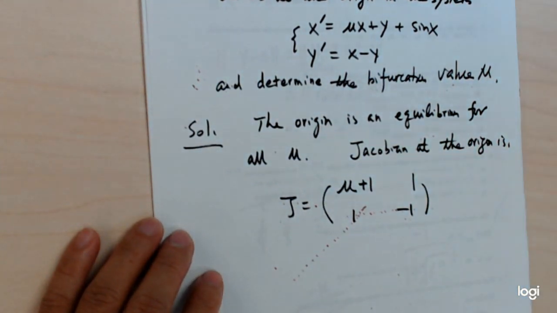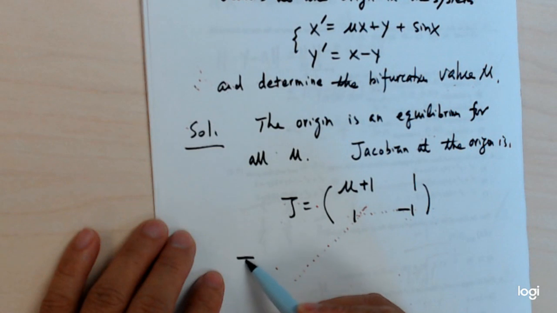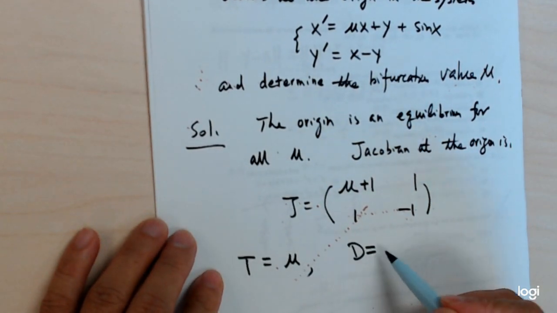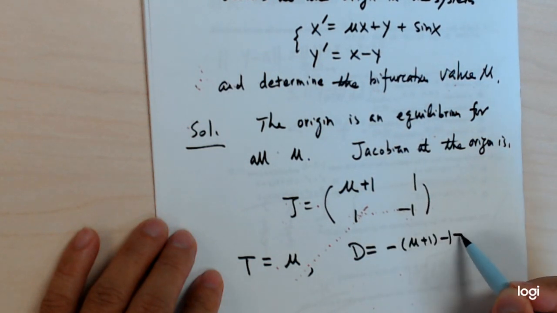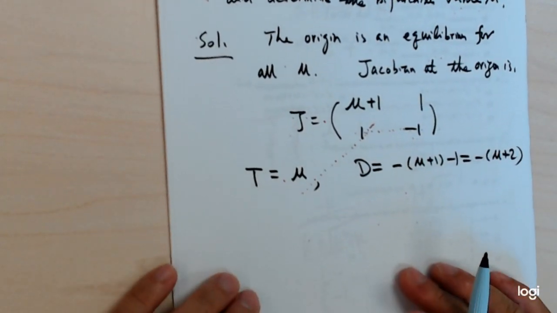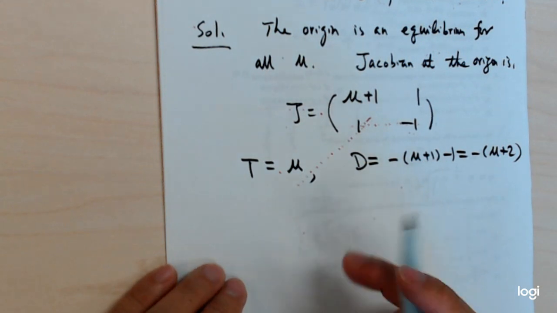So I'm going to use the trace determinant diagram here and compare it. Trace is mu. Determinant. So look up the trace determinant diagram, okay?